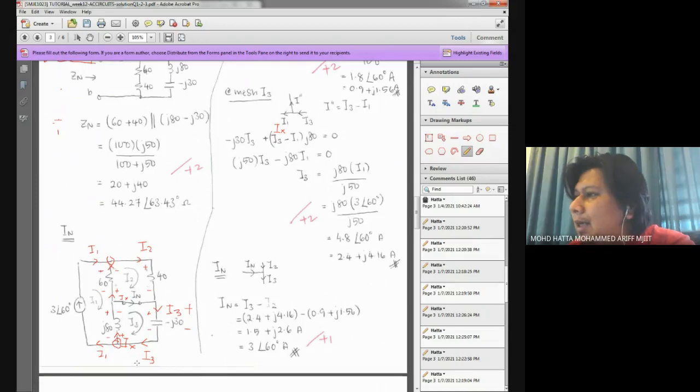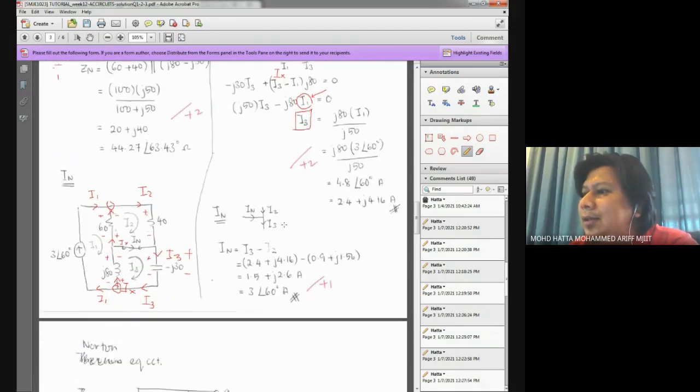Here I label it as I double prime, and of course you can label it as any current that you like. But remember that the current itself is a combination of 2 currents. From here, again, we set up the equation, and we know that I1 was already given in mesh number 1. So just substitute I1 and you will get the value of I3.